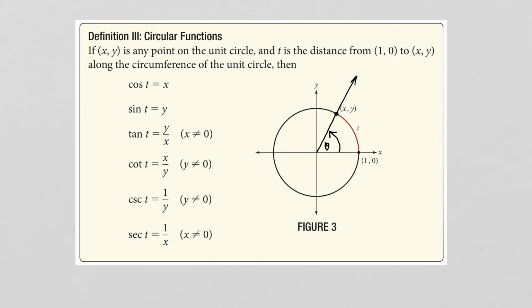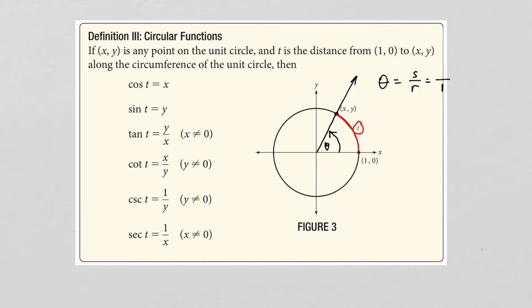Now what I'm doing is I'm saying, well, if theta is an angle in standard position, the measure of the angle theta in radians is s divided by r. We know the radius of the circle is 1, and s is the arc length. Well, in this picture, the arc length is the length here, and they are calling that arc length t.